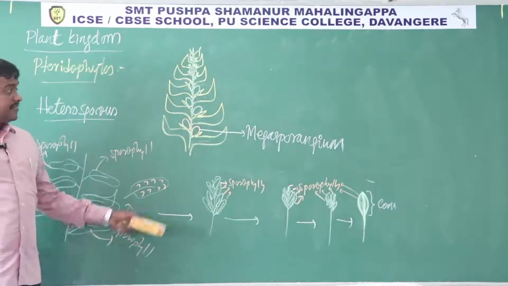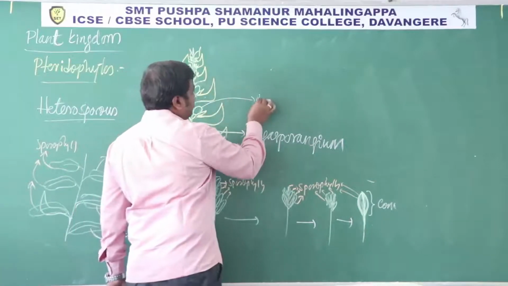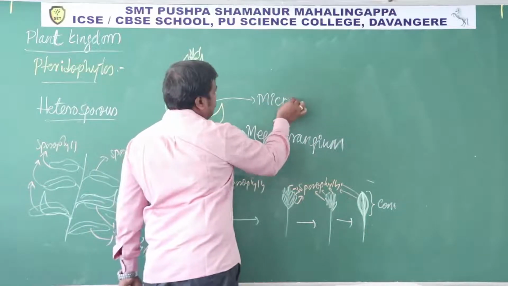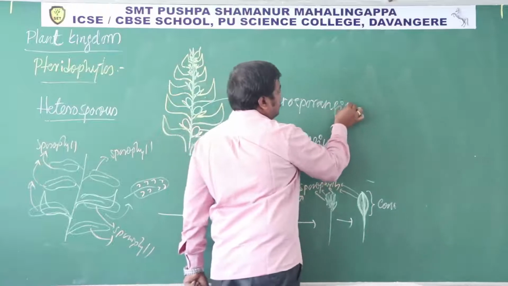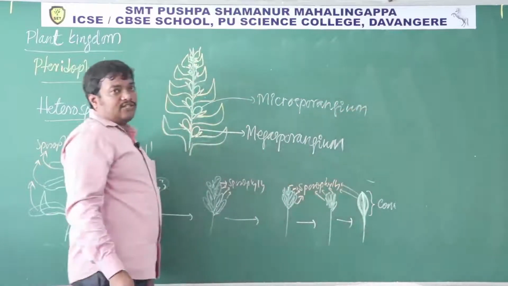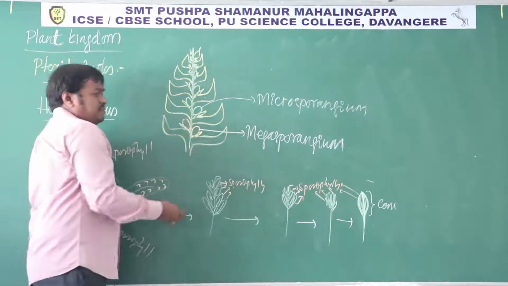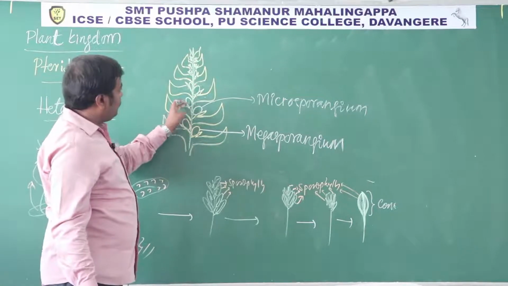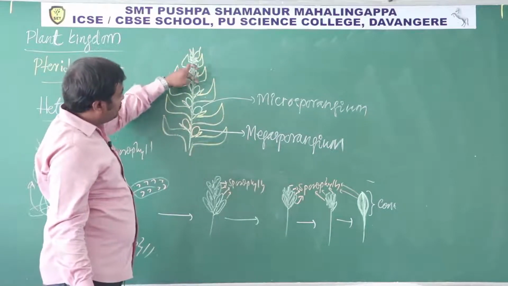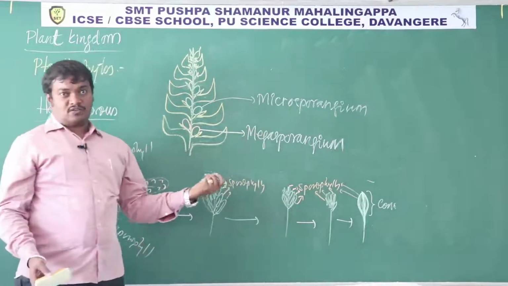Megasporangium. Let us call this structure megasporangium. And this structure I will call microsporangium. Okay, so in different species different numbers of megasporangium are there. In some species, one side has megasporangium, the other side has microsporangium. Then what is this megasporangium, what is this microsporangium?